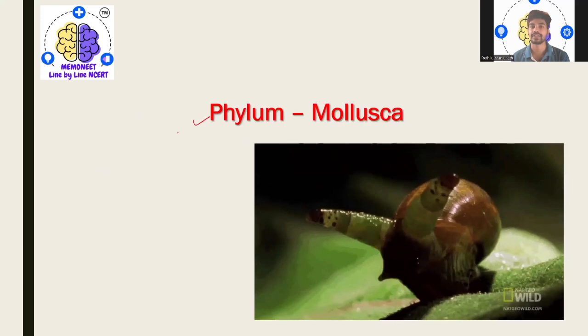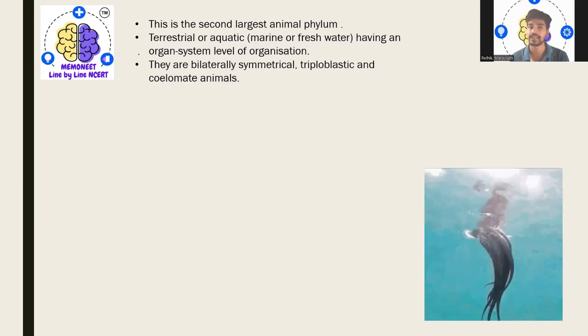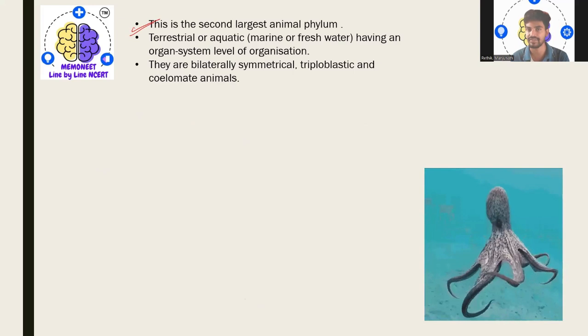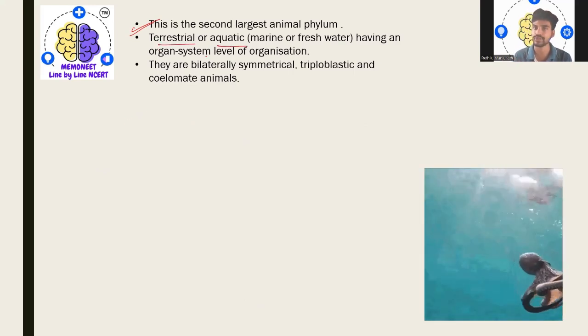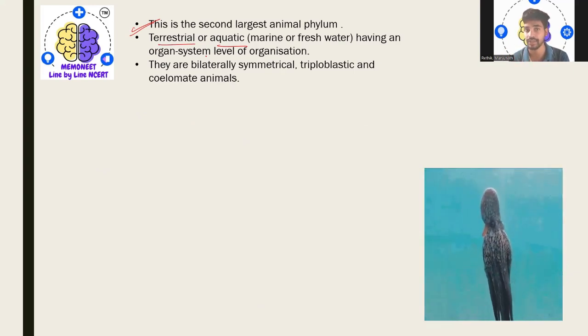The next phylum we have is the molluscs. What do you know about molluscs here? Yes. After the arthropods, molluscs are the second largest animal phylum, and they are both terrestrial and aquatic, marine or freshwater, having organ system level of organization. This is very important.